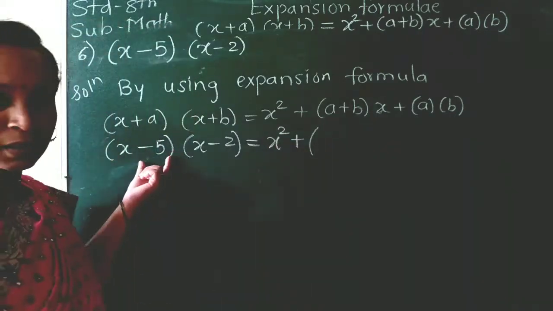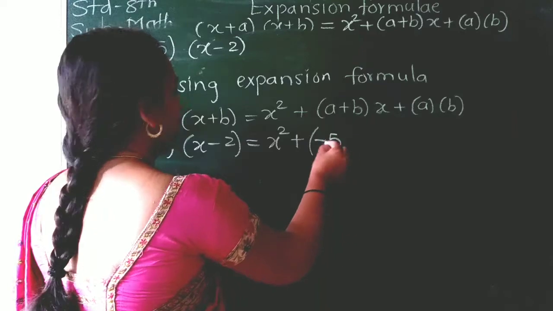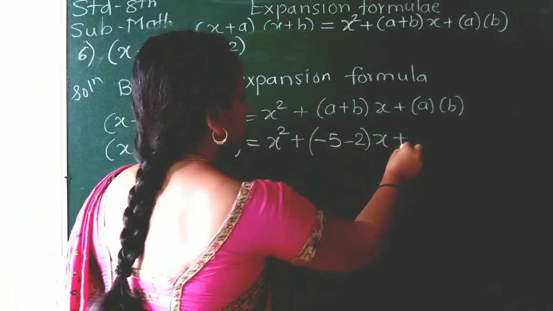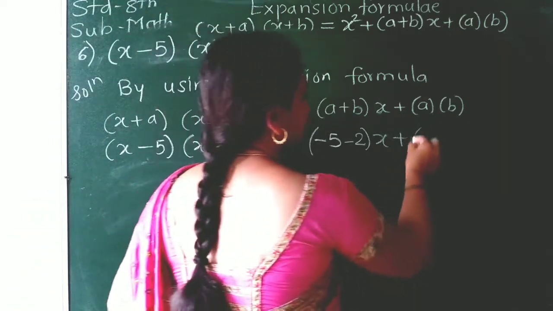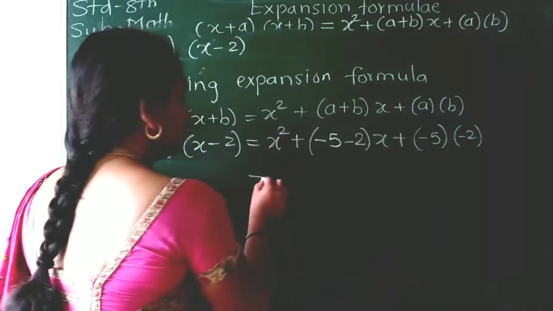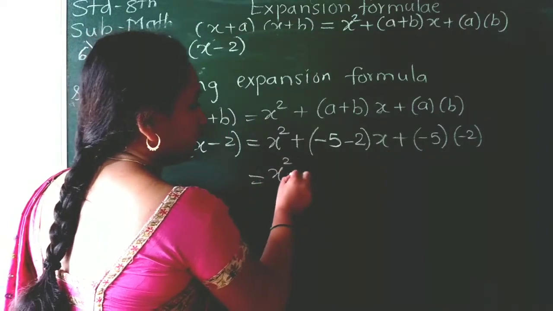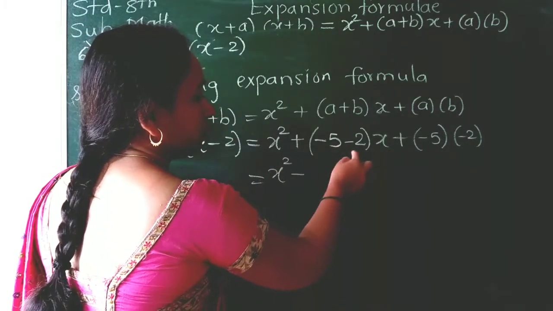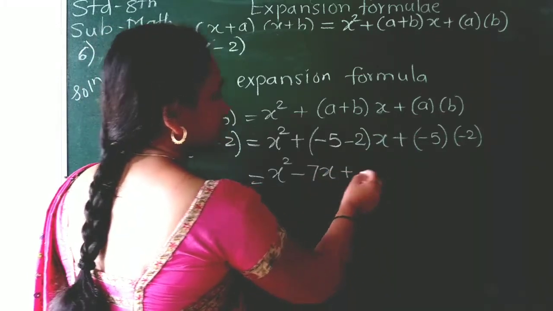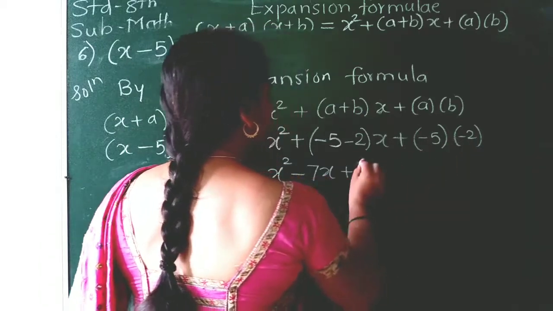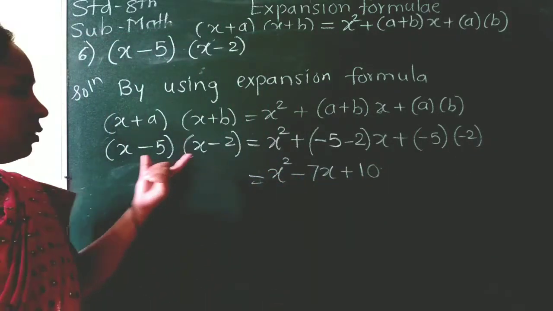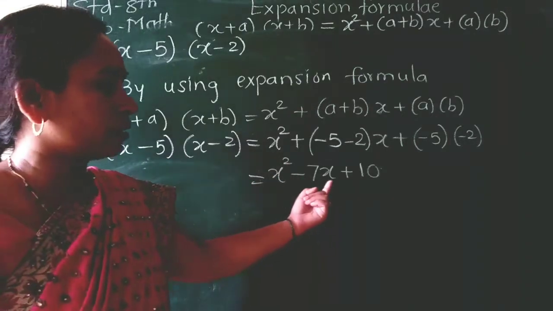A's value is minus 5, b's value is minus 2, into x, plus a's value again minus 5 into minus 2. So here if you multiply, x square minus their addition, it would be 7x, plus again product of this, it would be positive, so 10. So the product of these two binomials would be x square minus 7x plus 10.